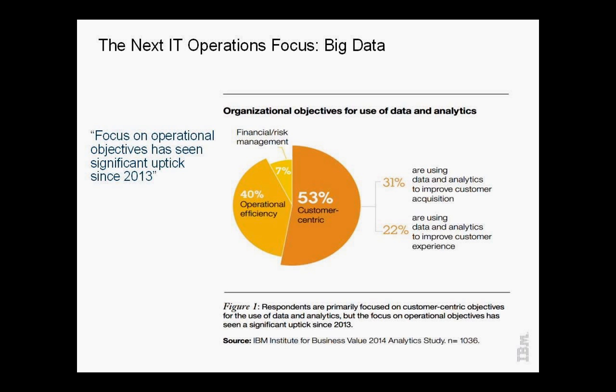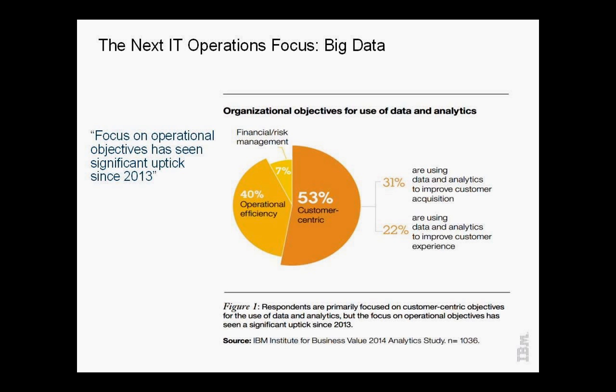And of course, this has a huge hype in the market right now, and a lot of spend. The space is almost $300 billion in spend today across the globe. And the interesting part here, if you look at this study, which comes from the IBM Institute, our own analytics study, in terms of the overall use cases for big data and analytics, the majority, at 53%, is still around customer-centric use of big data and analytics technologies.